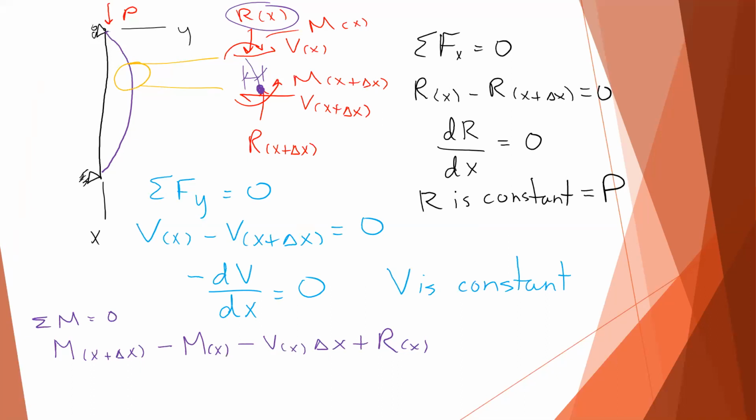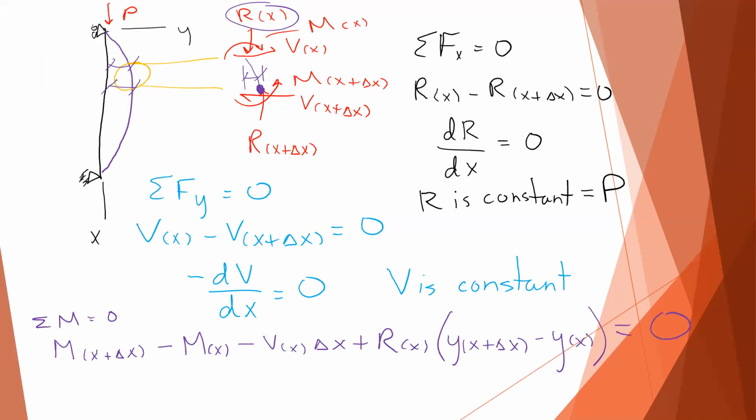Okay, so that offset is the difference between y at x plus delta x and y at x. Both of these points are deflecting some, right? We have this deflection and that deflection, and it's the difference between those two deflections that creates our moment arm for that axial load. And this all must equal 0.